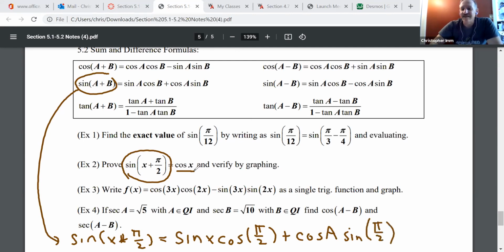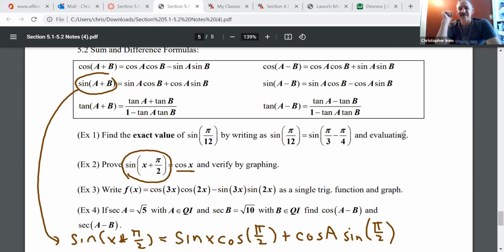Okay. So what is cosine of pi over 2, Jacob? Cosine of pi over 2? Uh-huh. Well, he's thinking about that.